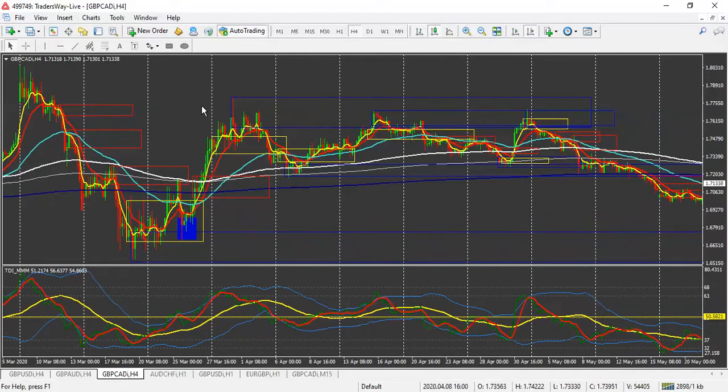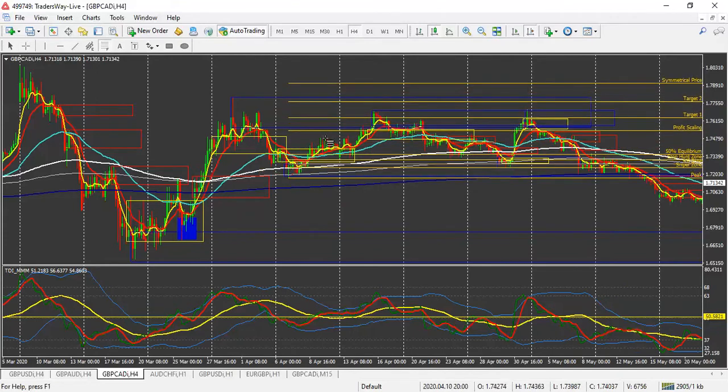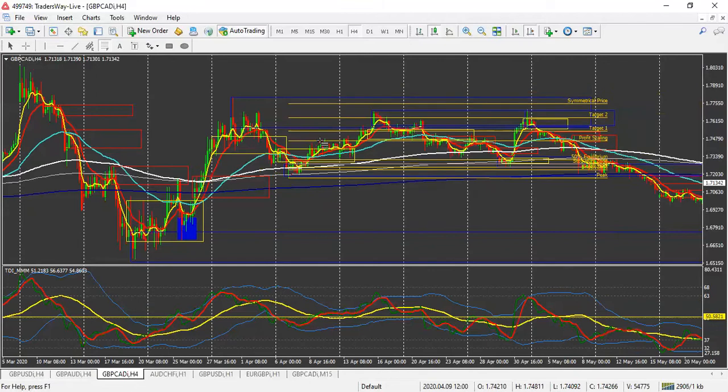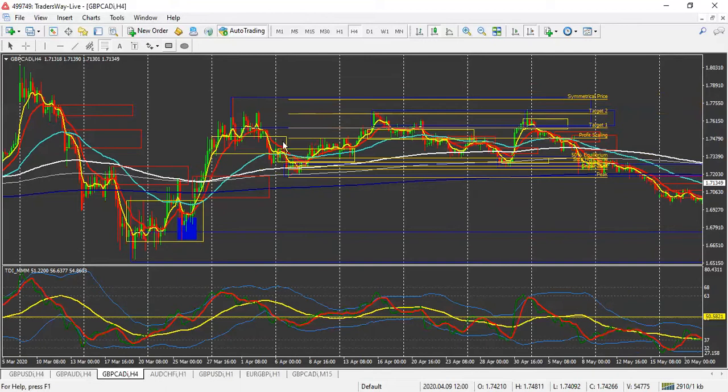The second leg. You got your low right here. Price broke about right here. You got your 3 line, 1, 2, 3, right? I'll zoom in so we can see it better.